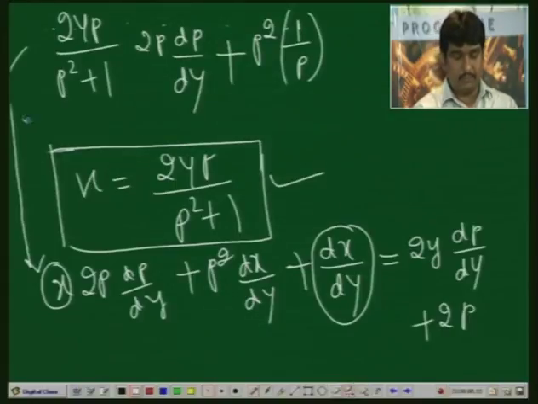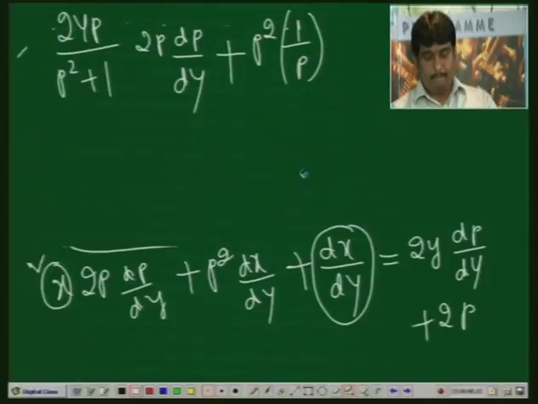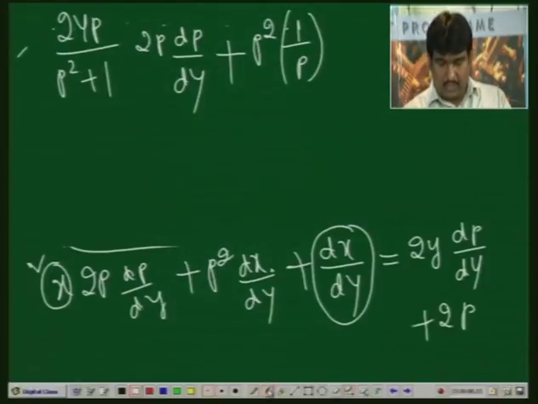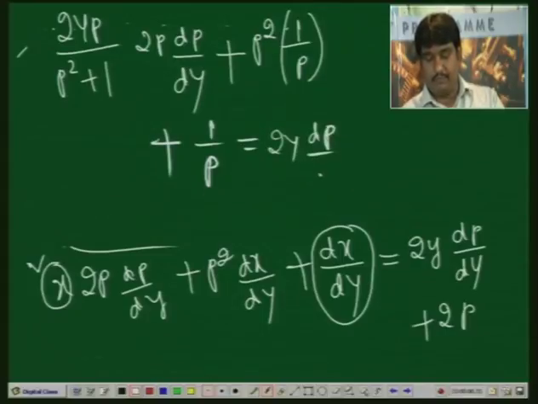Now, plus I have written this term p square into 1 by p. Now, you can write this dx by dy as 1 by p, equals RHS. RHS is 2y into dp by dy plus 2p.